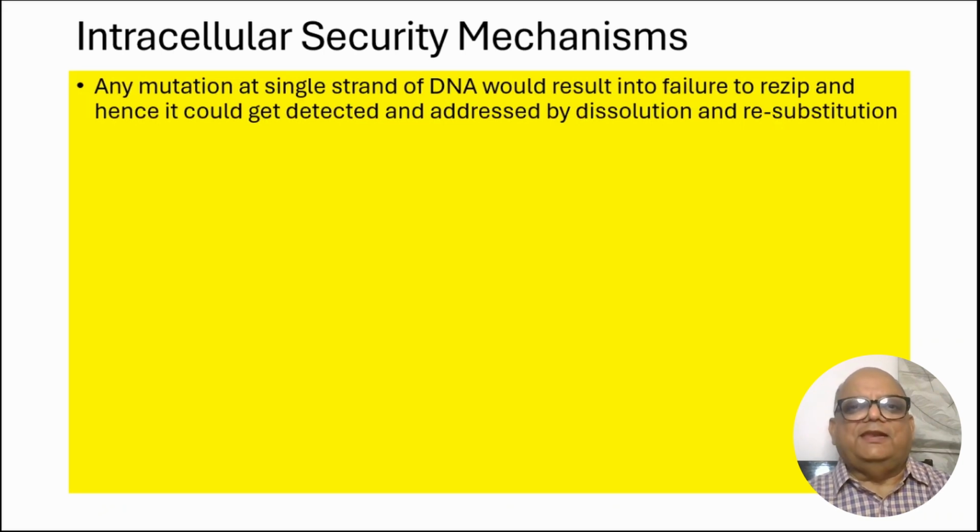So there it will fail, and hence at that point it can get detected if there is something wrong going on. So that is one likely safety mechanism. And if there is such an offender which is failing to rezip, it may get dissolved until it gets resubstituted with something that is right, where the zipping is permitted. Full zipping happens between both the halves of the DNA.